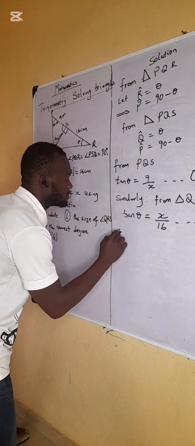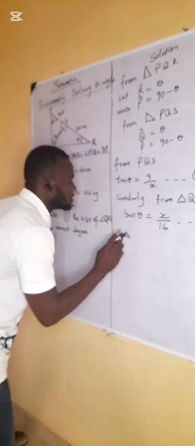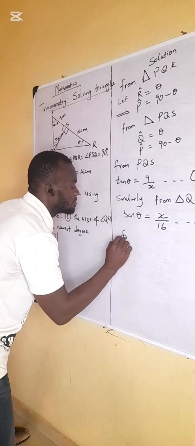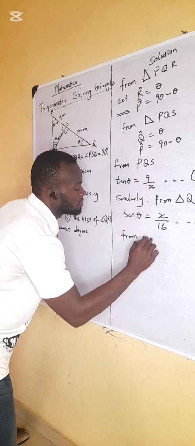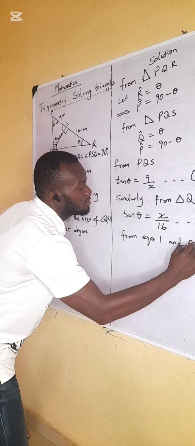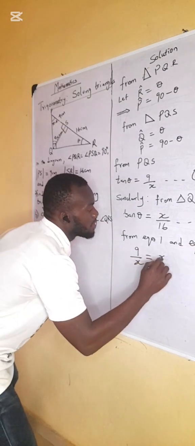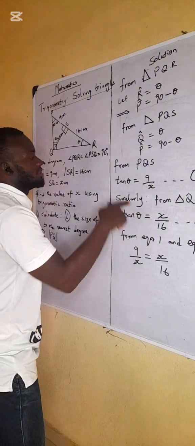From equations 1 and 2, you can see that 9 over X is equal to X over 16, because tan theta is equal to tan theta.